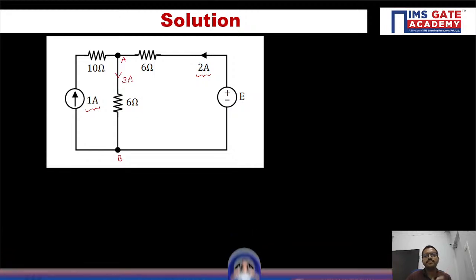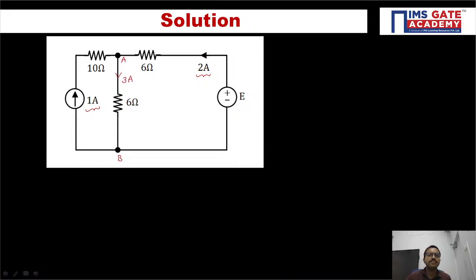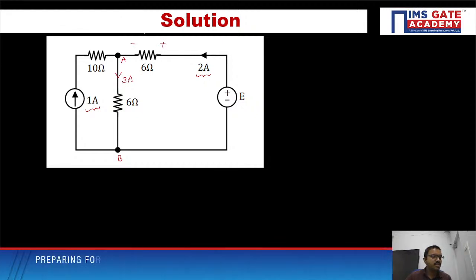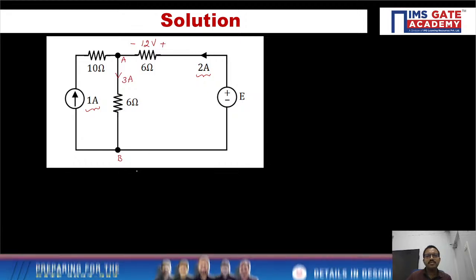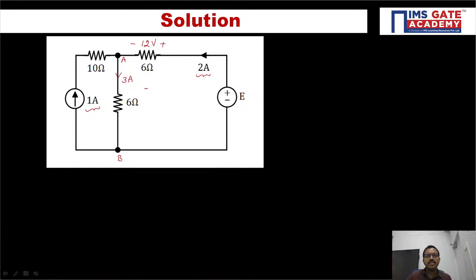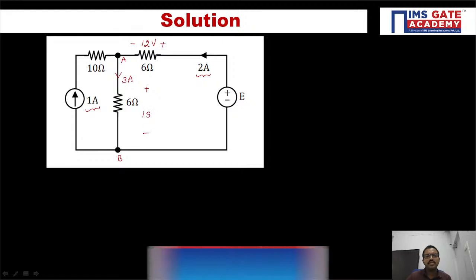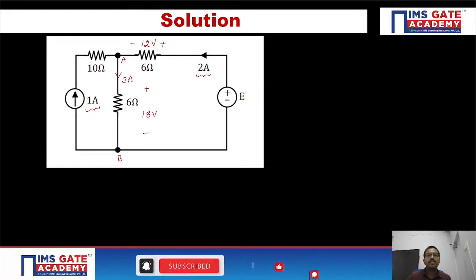Across the 6 ohm resistor you get the corresponding voltage. Here 2 ampere is entering, so 2 into 6, 12 volt. Then here 3 ampere is entering, accordingly with voltage polarity plus minus, 3 times 6 is 18 volt. Now you can apply KVL.